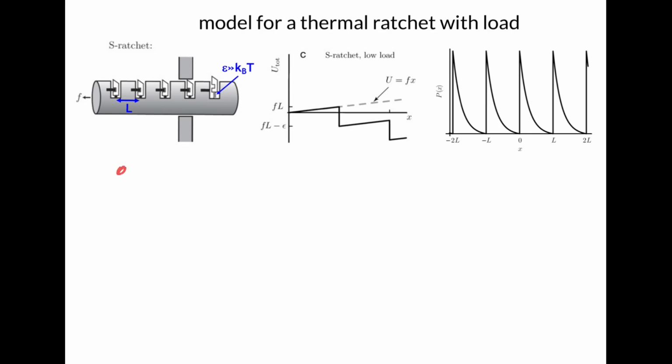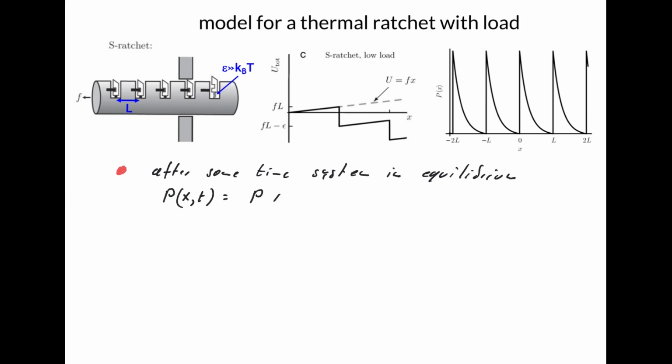Now, what we can realize is if we wait for time scales longer than the typical stepping time scale that we obtained for the diffusion, we know that the probability distribution is not time dependent anymore, and the system will go into some equilibrium.